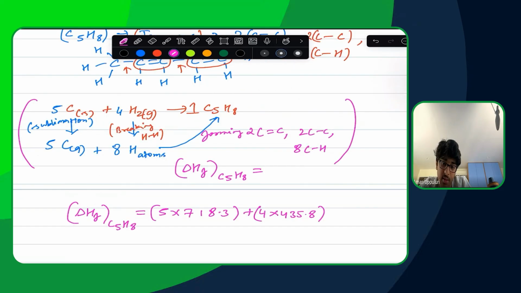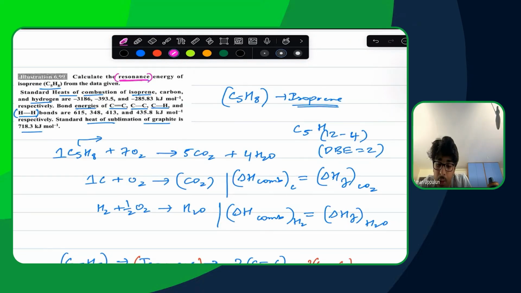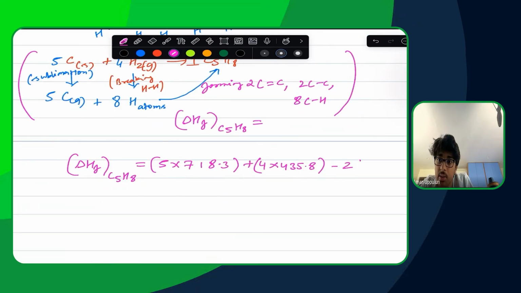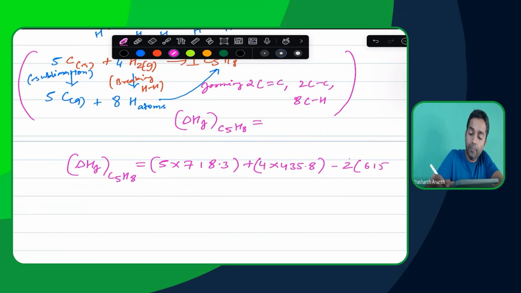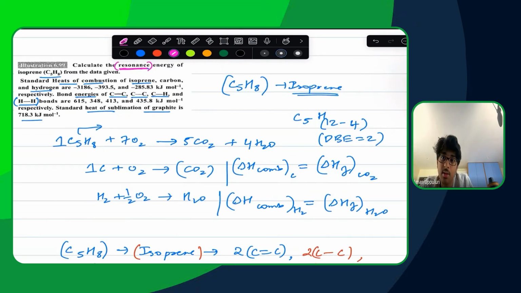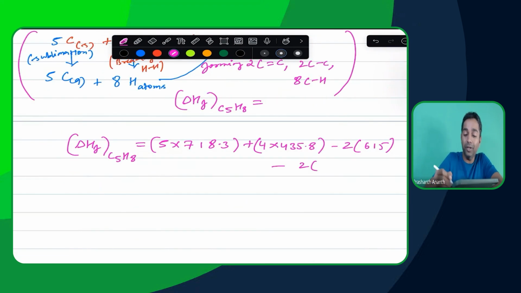Subtracted by, next, 2 into C double bond C: minus 2 into 615. Minus again 2 into 348 (not 413). Very important: you have to take those data out carefully and put them down.